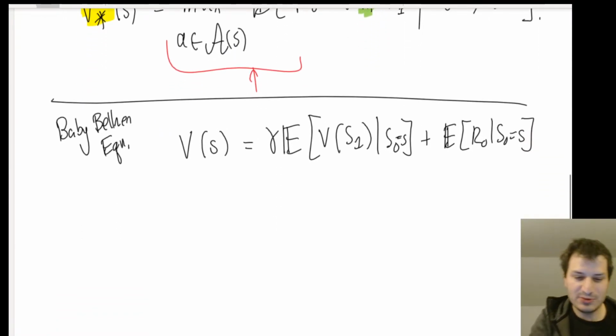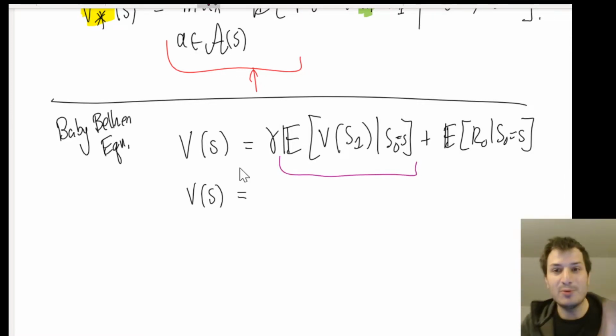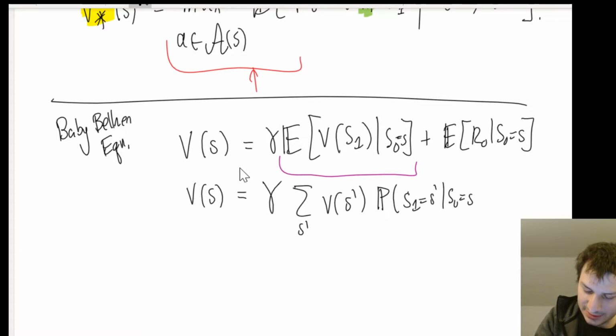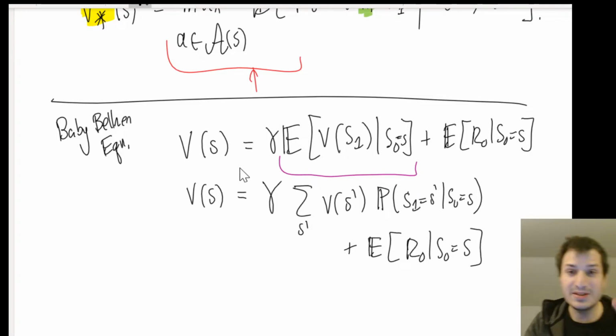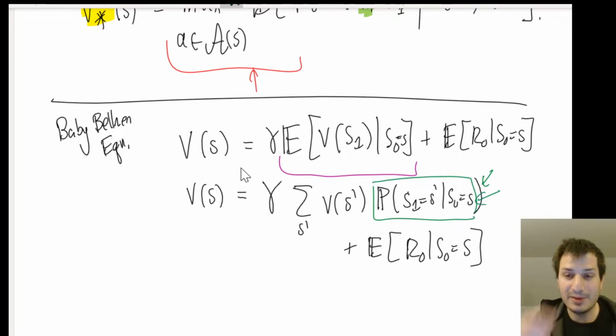And you can just write this in terms of matrices. This expected value is really a sum over all the probabilities. So let's write it out: the sum over all possible S prime of V of S prime times the probability that S1 equals S prime given S0 equals S, plus some expected reward, the reward given S0 equals S. So this is for any given S, and this sum is really doing a big matrix-vector multiplication of the probability transition matrix, the probability to go from state S to state S prime.